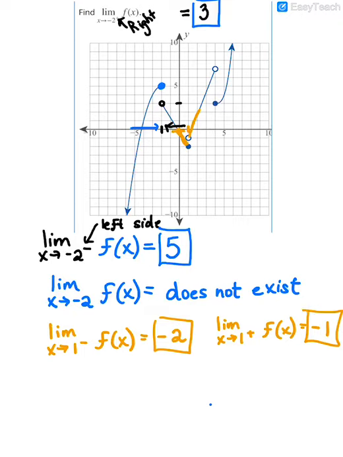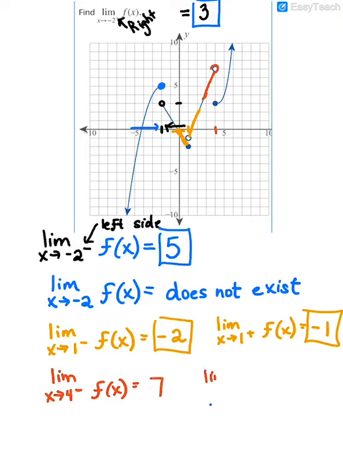All right, so now let's look at 4. If we are looking at the limit as x approaches 4 from our left-hand side, and we're following this graph from the left-hand side, then at 4, we see our point is up here at 7.